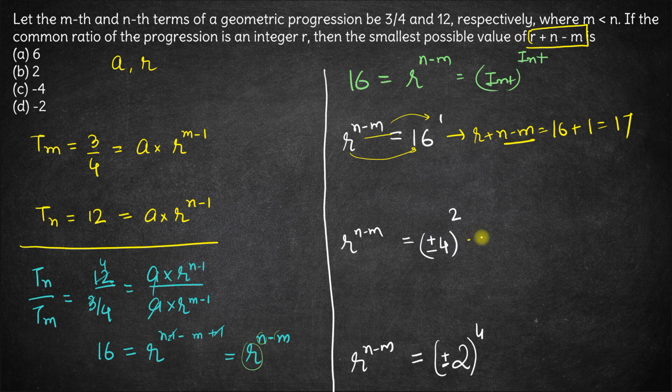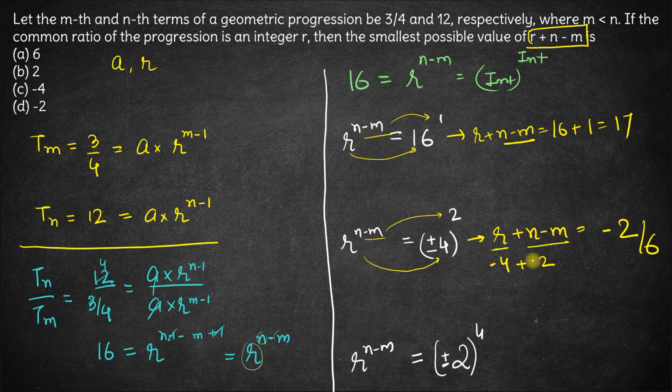Correct? Now here r is either plus 4 or minus 4 and n minus m is 2. So r plus n minus m. Since we have to figure out the smallest value, we'll take a smaller value of r, which is minus 4, and n minus m is 2. So from here r plus n minus m comes out to be minus 2, the smaller value. If you take plus 4, the value will come out to be 6, but the smaller of these two values is minus 2.